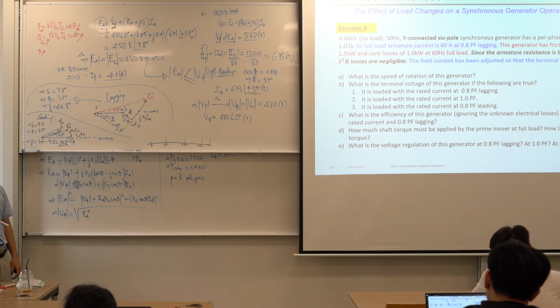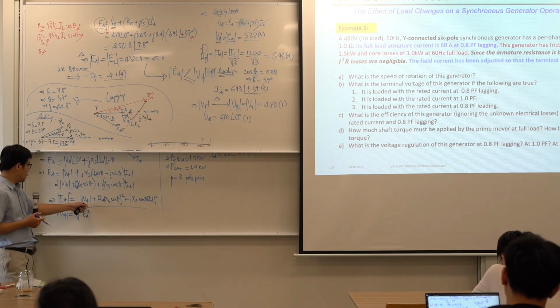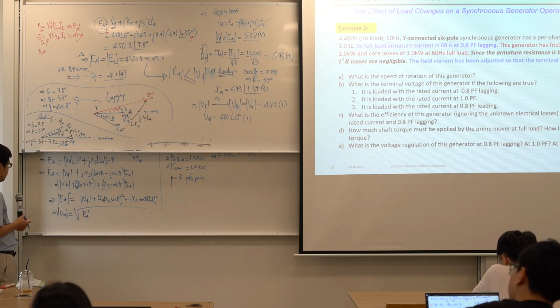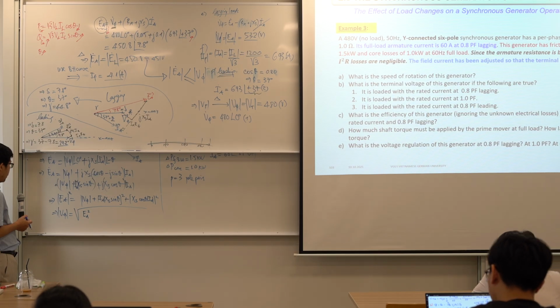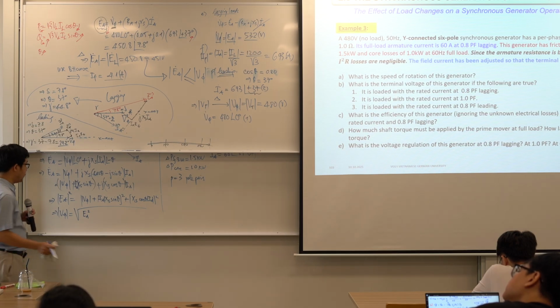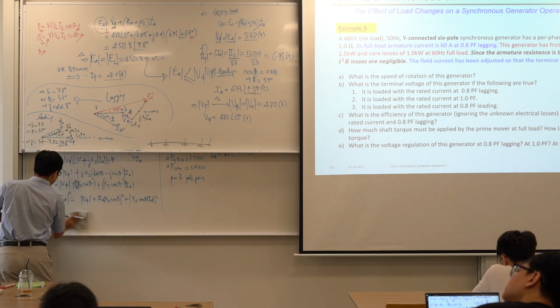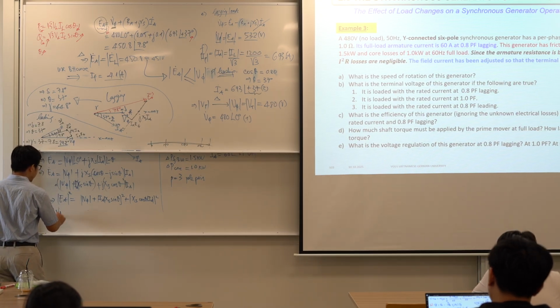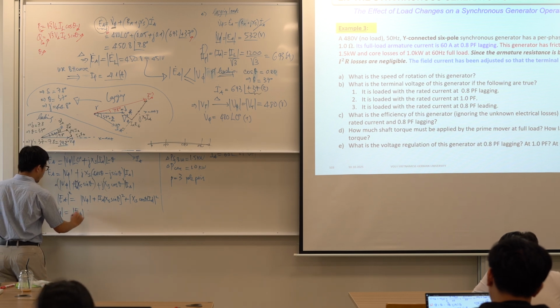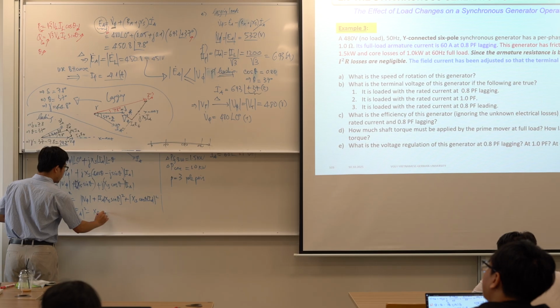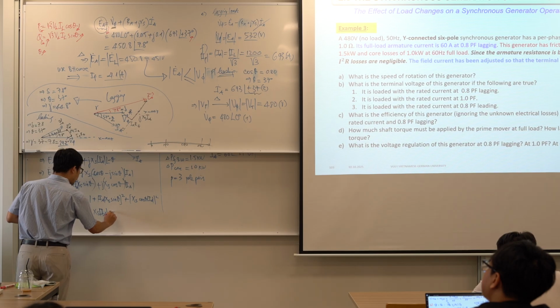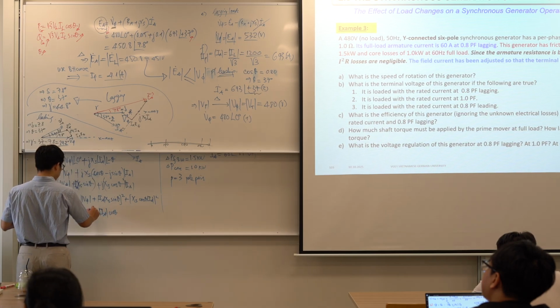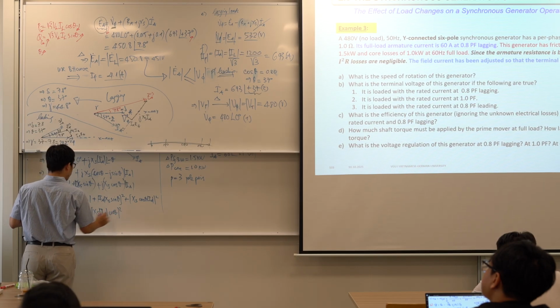So you can use your calculator to get V phase. Or you can calculate V phase. So V phase is EA squared minus XS IA cosine theta squared.